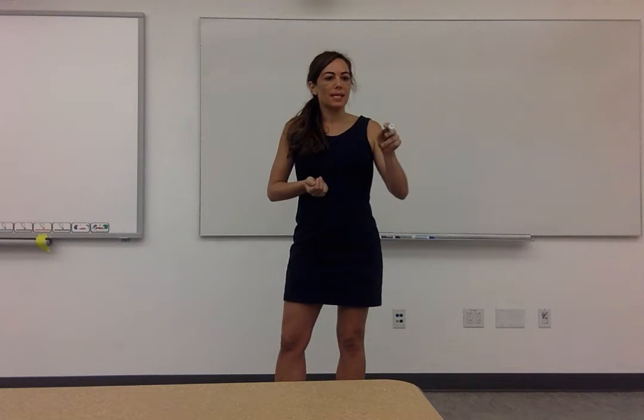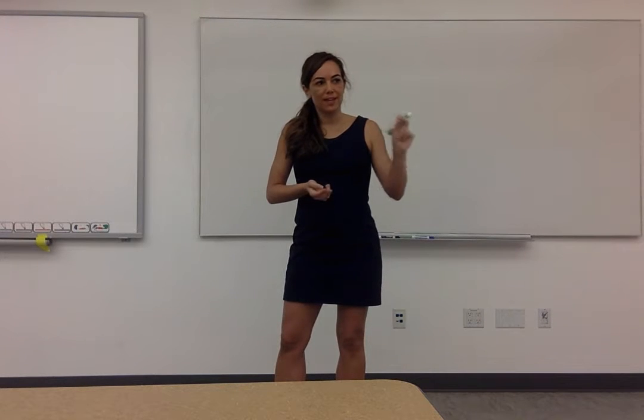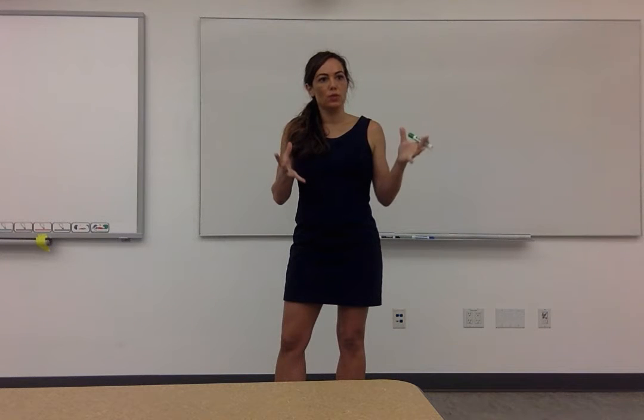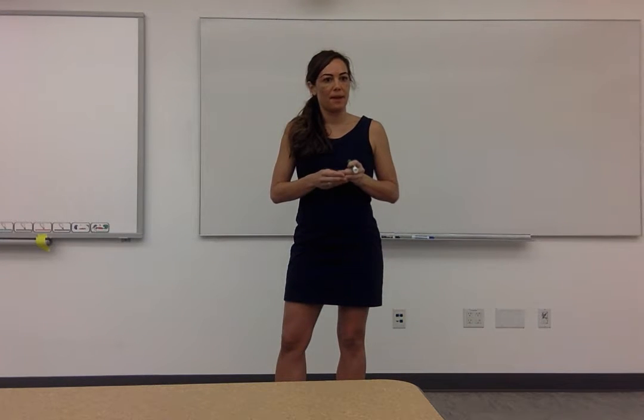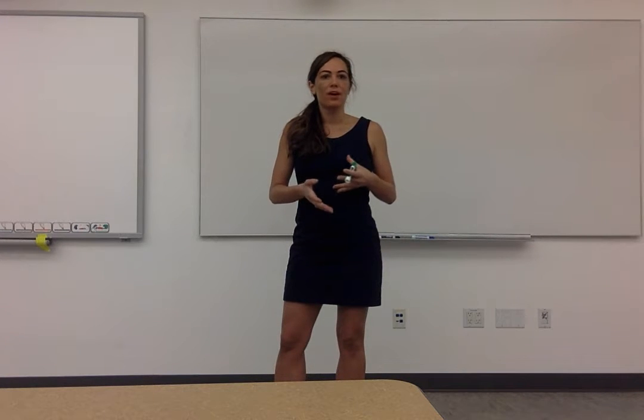So as you can see here, there are two different outlines that we are going to go over. And these two different outlines are going to be used for both your informative and your persuasive speeches coming up. The first outline that is written on there is what we call a preparation outline.